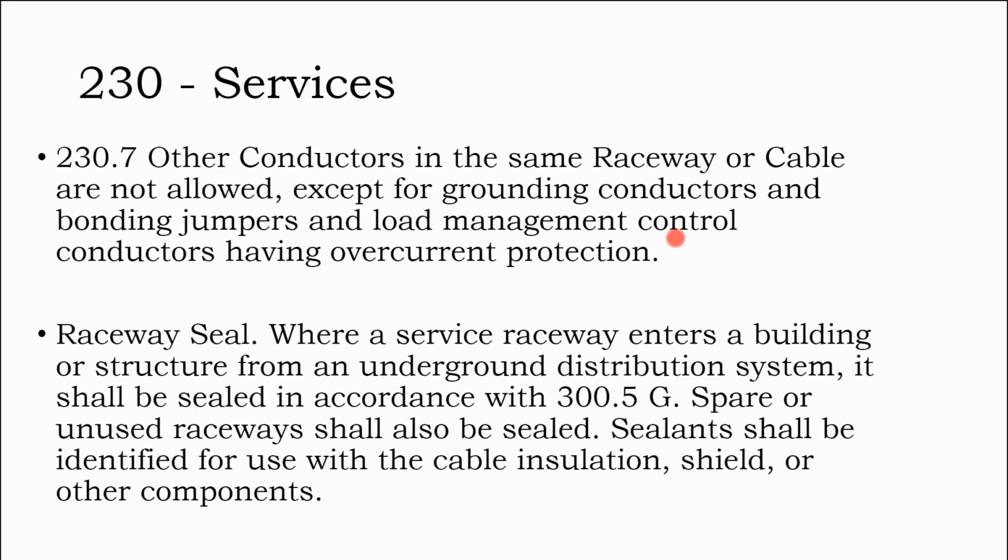What they don't want you to do is share the same conduit with your solar circuit and then put in a branch circuit in the same conduit. They want to keep the services separate. And then we see yet again a qualification for a raceway seal. Let's see here.